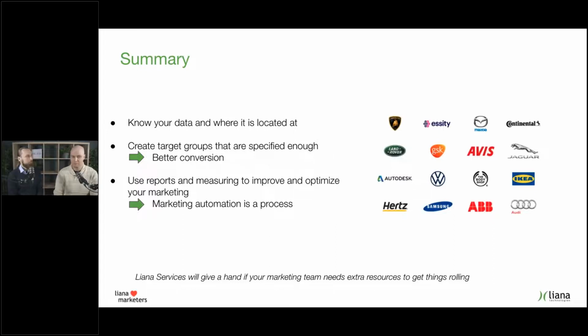So track the different solutions, systems and platforms where you have the customer data, and start with the most important one, and then create those target groups and segments that are specific enough. Not hundreds, but maybe a dozen or a few dozen might be the sweet spot in order to have precise enough segmentation and targeting done.